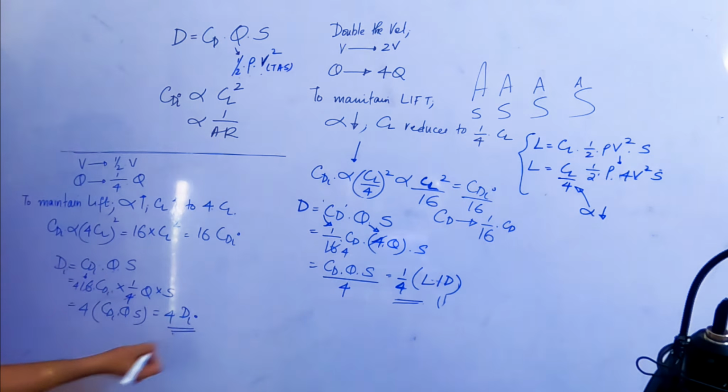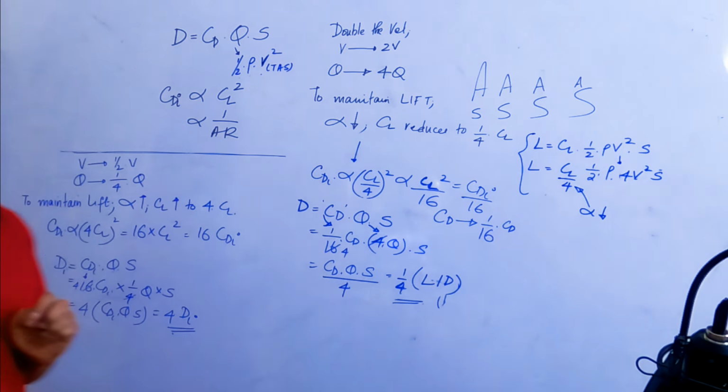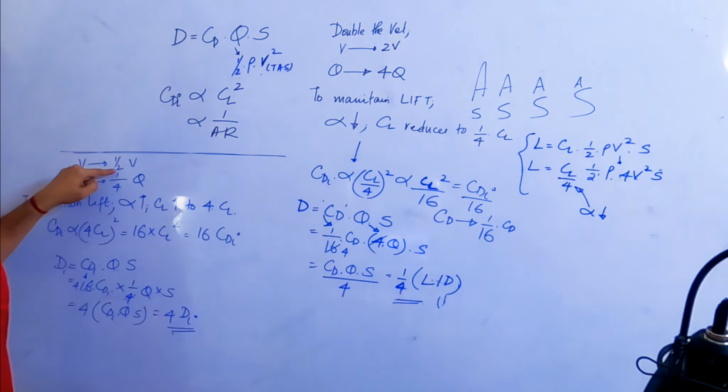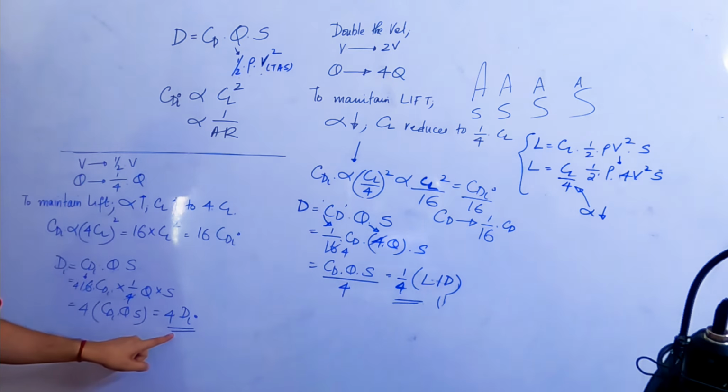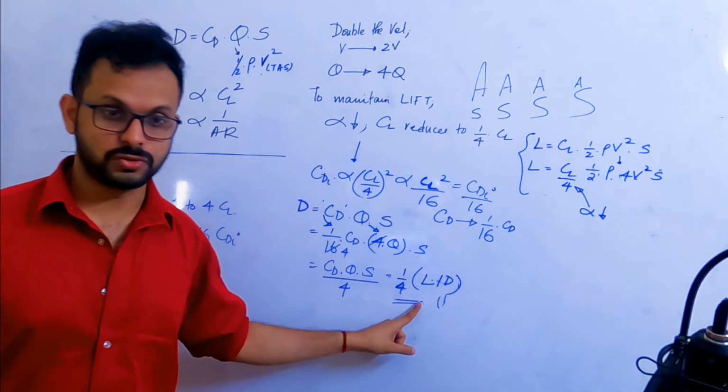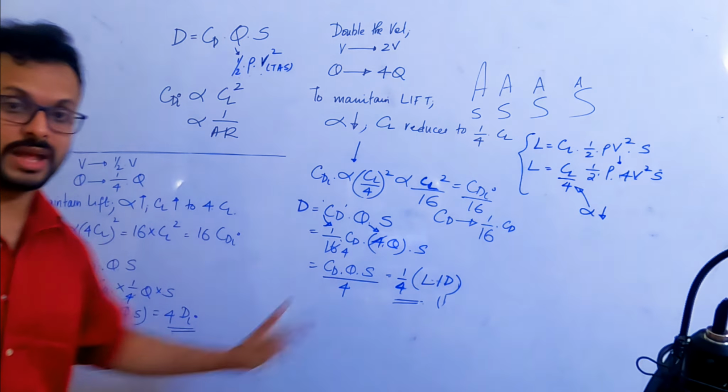So what happened to the induced drag? Induced drag increased 4 times when you reduce the velocity. We have seen this before, that as you reduce your velocity, the induced drag is going to increase. As you increase your velocity, induced drag is going to reduce. So this is the mathematical proof of the same statement.